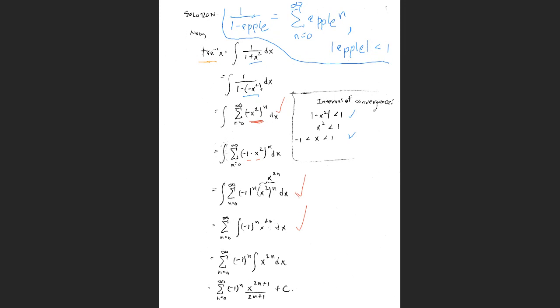Just like the derivative of a sum is the sum of the derivatives, an integral of a sum is the sum of the integrals. And so I can bring the summation inside the series.